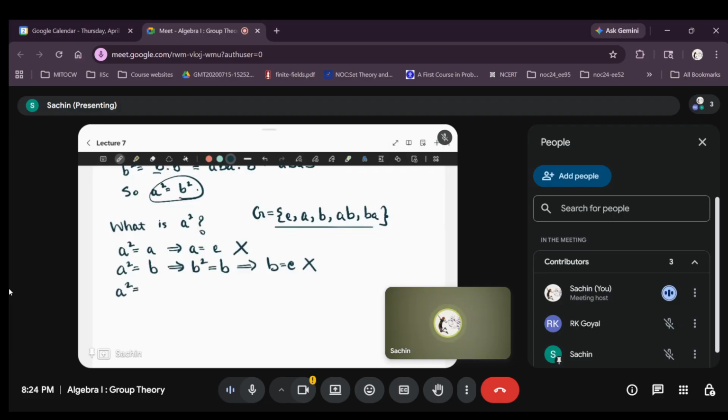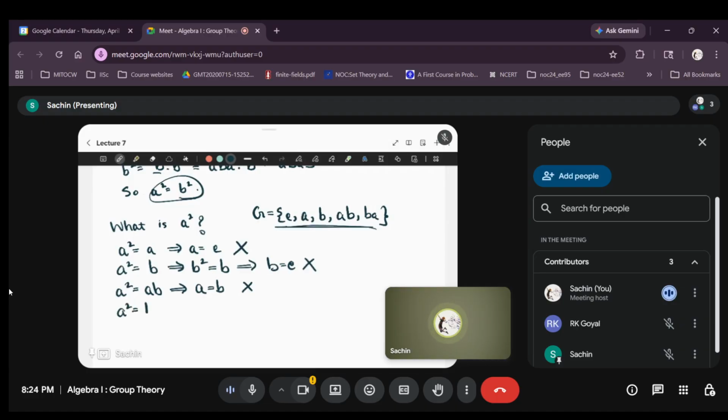If A square is equal to AB, that would mean that A is equal to B. That's also not possible. We assumed A, B, and E are distinct. All these are distinct elements in the group.